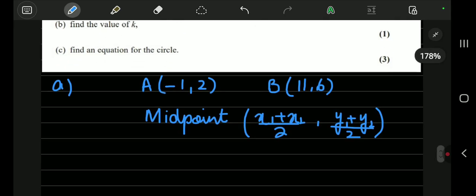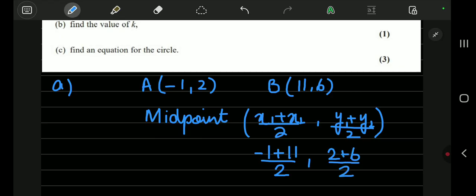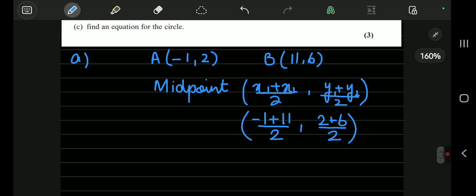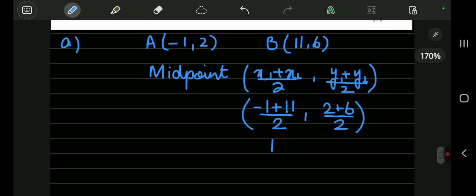So this gives you (-1 plus 11 over 2, 2 plus 6 over 2). We don't need to solve this very clearly, just write the final answer. 11 minus 1 is 10, 10 over 2 is 5. 2 plus 6 is 8, 8 divided by 2 is 4. So this is your midpoint M.